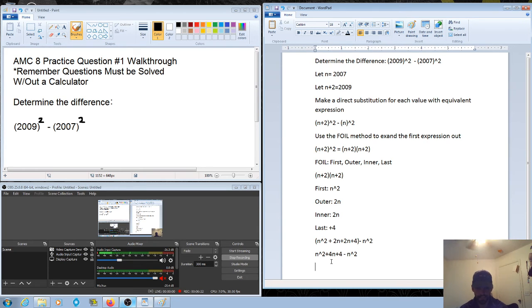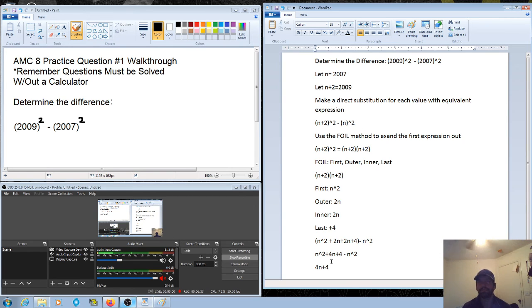And again, we see that now we can cancel out this whole squaring situation, because n squared minus n squared will cancel. That's going to give us 4n plus 4.